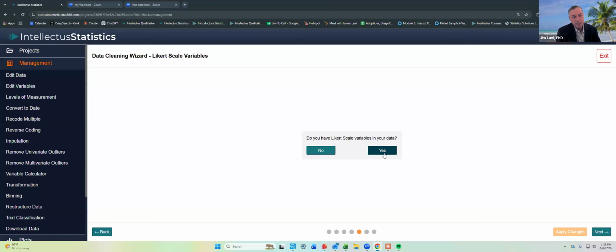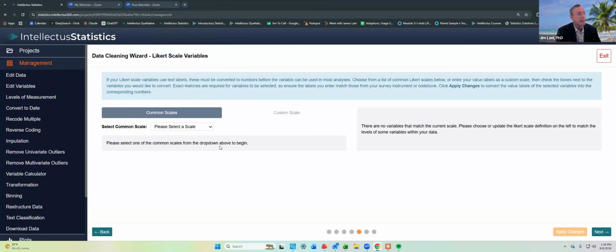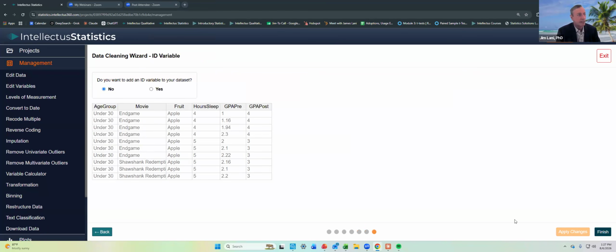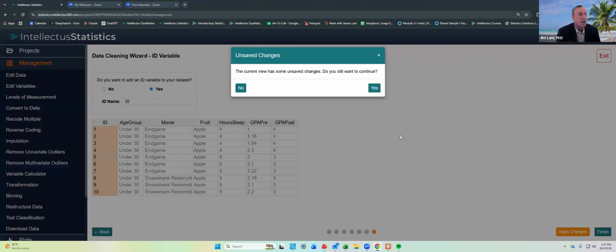If there's Likert-type items, you can select the point scale it's on, and it will walk you through creating a subscale. And then you can add a variable ID, just so if there's an outlier, you would know, oh gosh, participant number 8 was the outlier. So you can identify that. It's worth having an ID in there.